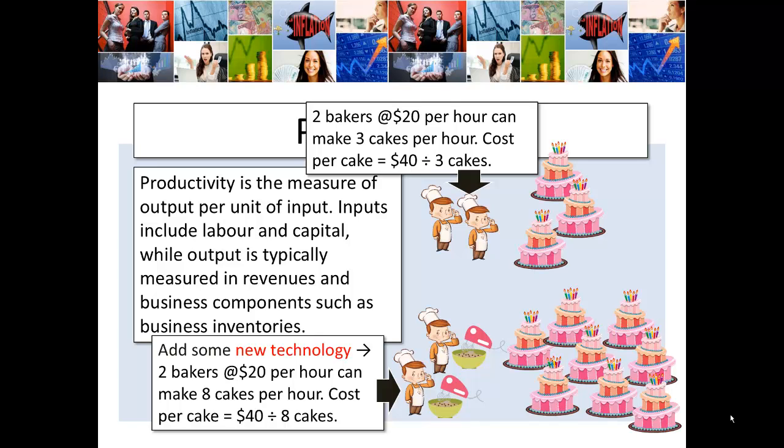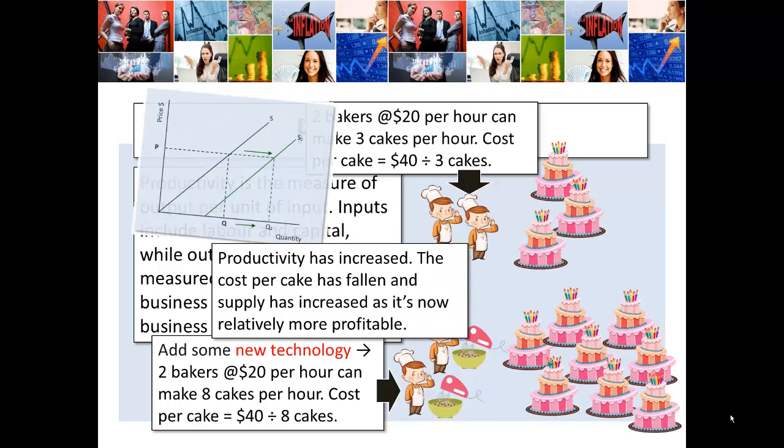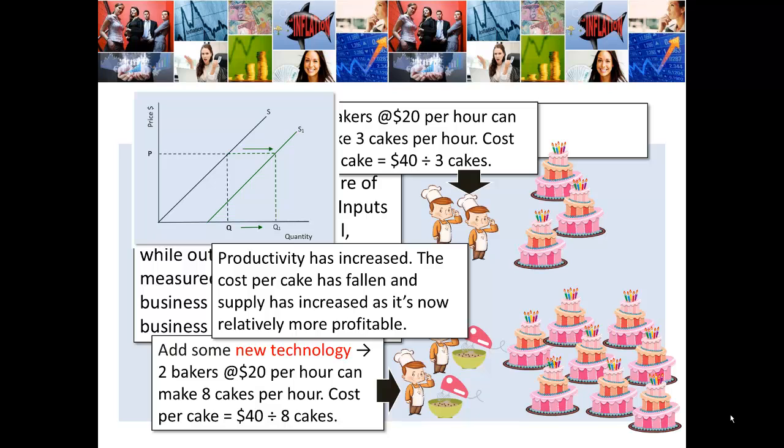Before, $40 divided by 3 cakes, the productivity is a lot less and the cost per cake is more expensive. Now, $40 divided by 8 cakes, productivity has increased, and this drives down the cost per unit, the cost per cake. Supply will increase as it's now relatively more profitable to make and bake these cakes.